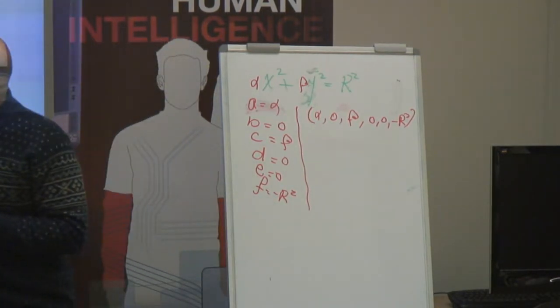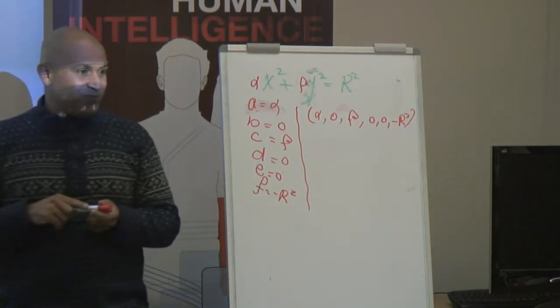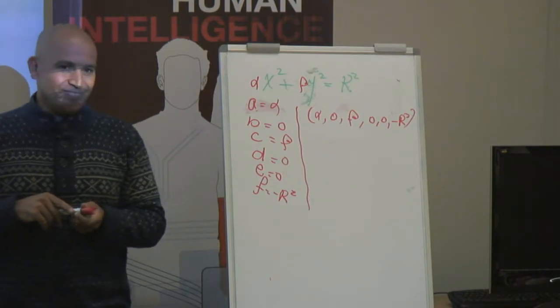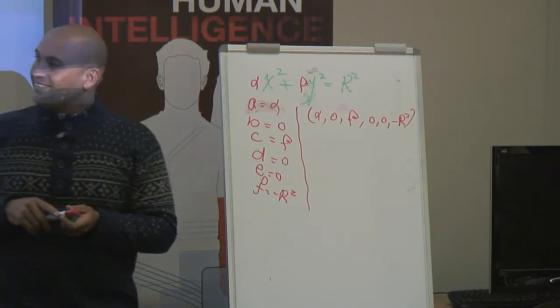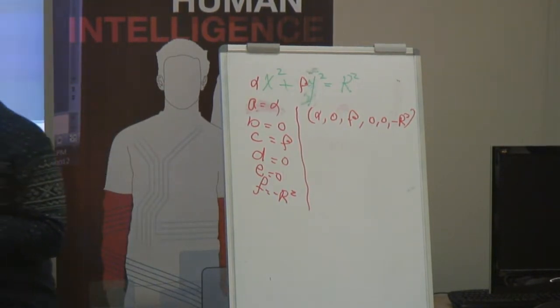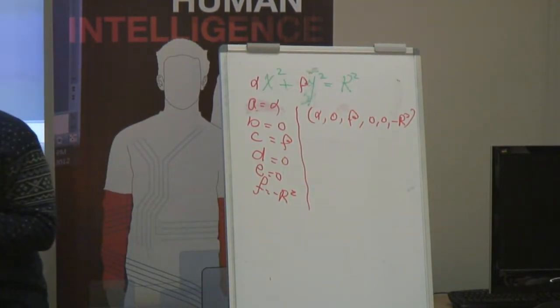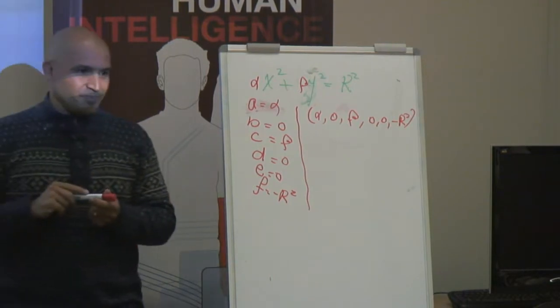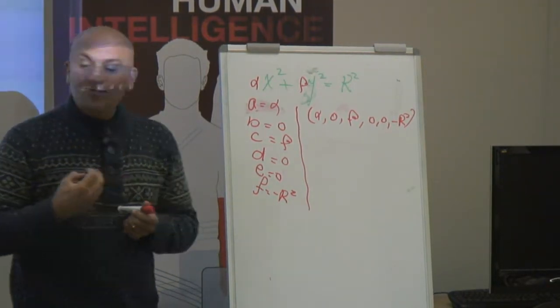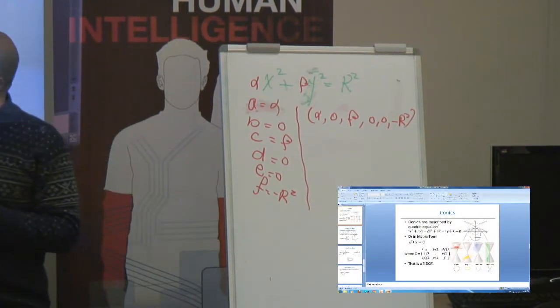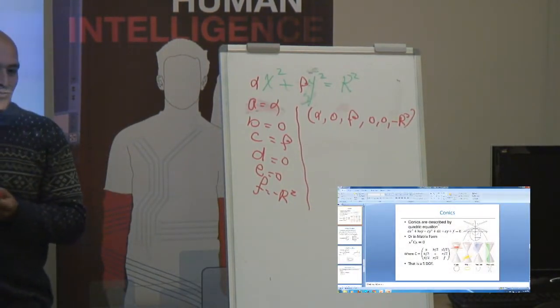Now, if you realize, this matrix is not a general matrix, it's symmetric. This is the axis of symmetry. It's pretty much what it represents, since we can always divide and make one entry 1.